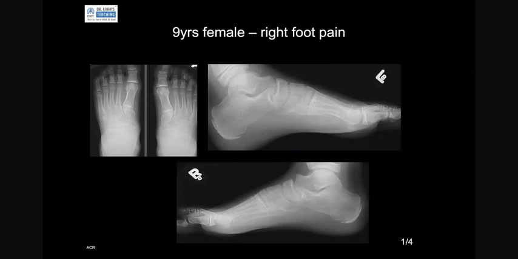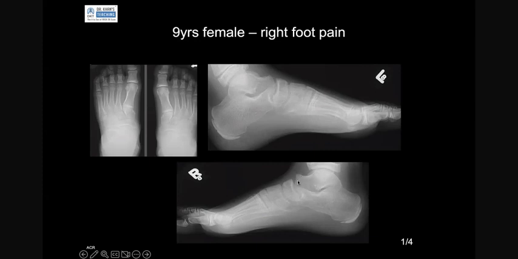You just look at the subarticular irregularity or sclerosis or any edema, depending on whether you are seeing a CT or an MR. So coming back, let me show you a few cases to take this concept further.